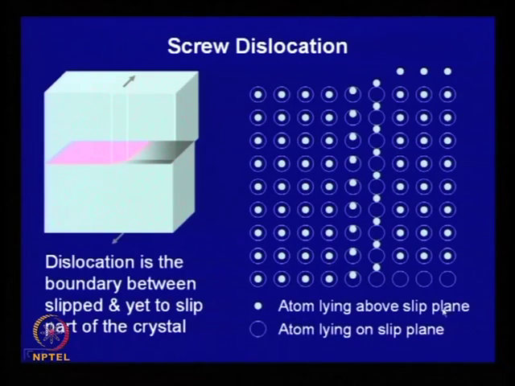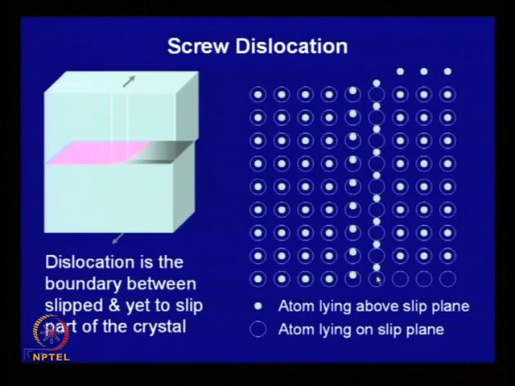When you apply the shear stress, the top plane has slipped one atomic distance this side. These three have moved here, but this part is yet to move, and in between there is a region where the atomic arrangement is a little disturbed. Here these atoms have moved a fraction of the atomic distance.